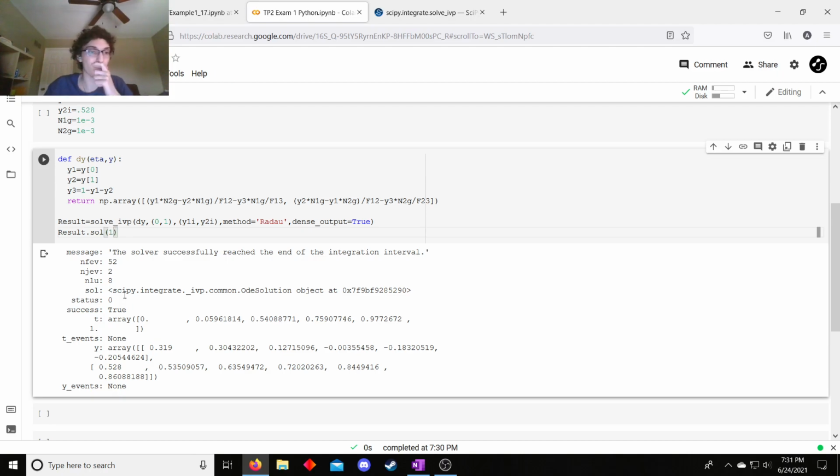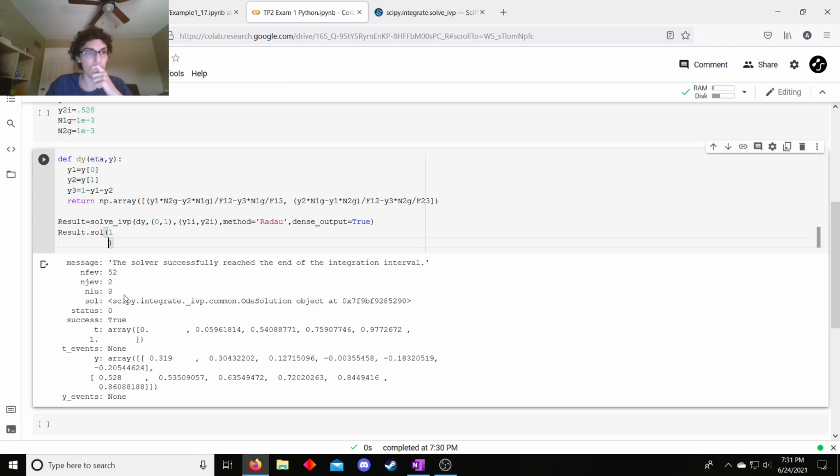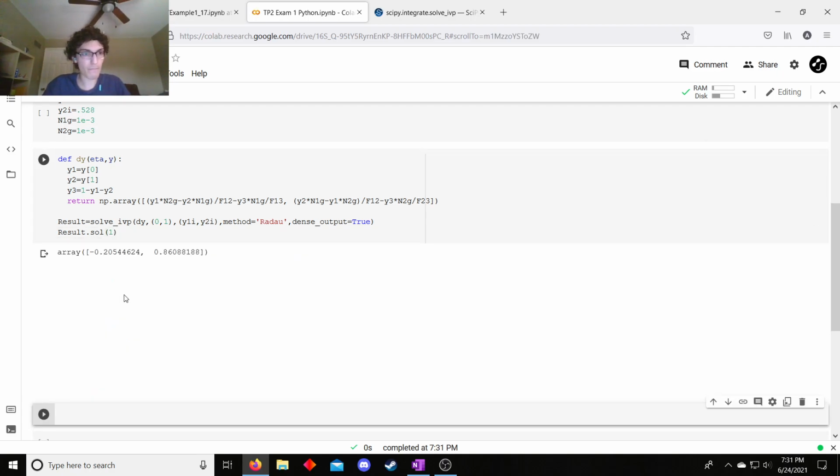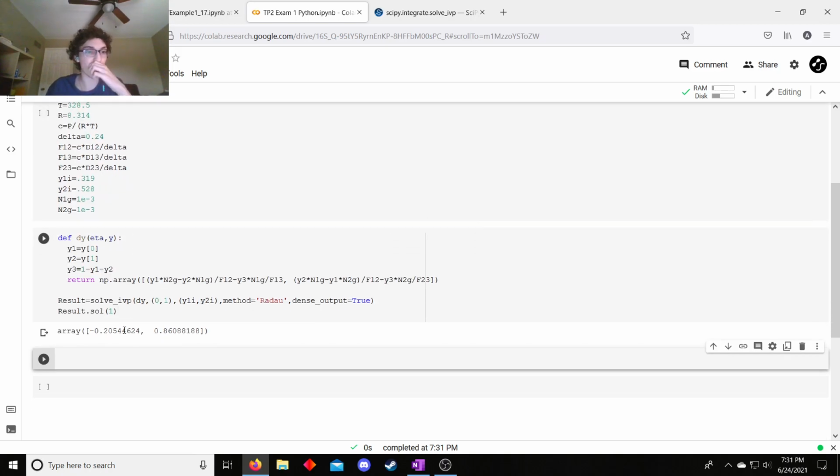So, for example, I want to say SOL(1). And it's going to return an array here. So what this means is that when our independent variable is 1, the mole fraction of acetone is this, and the mole fraction of methanol is this. Now, this is an issue because our problem is scaled to be from 0 to 1.